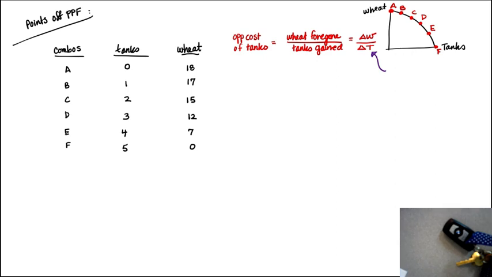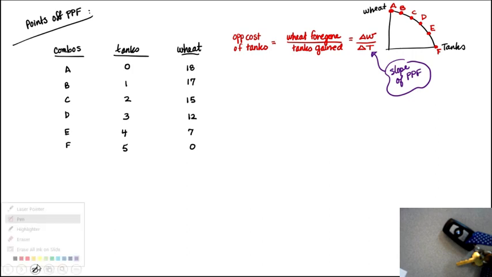Okay, but I'm asking, what am I calculating? Change in W is rise, and change in tanks is run. Is this sounding familiar? Rise over run. What is this, guys? Yeah, slope. Slope of the PPF. So guys, really all we're doing is calculating the slope of the PPF.